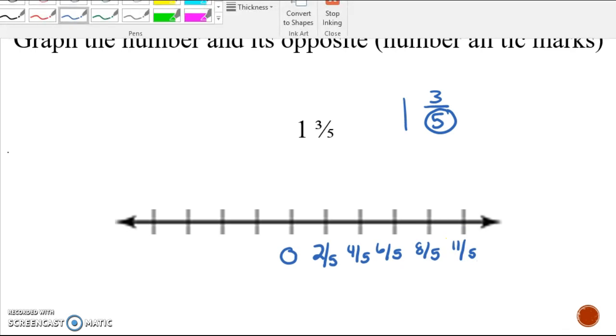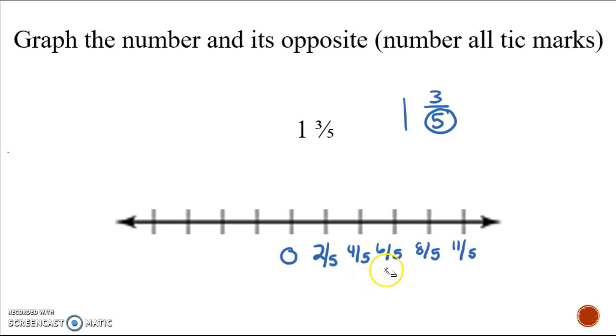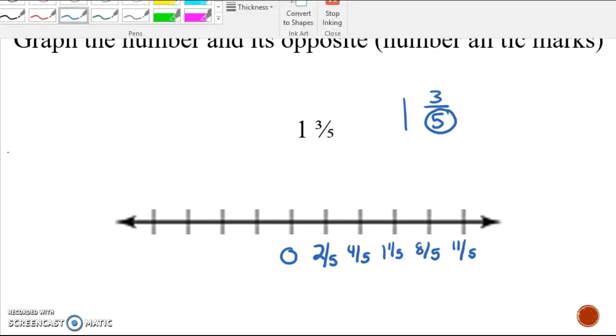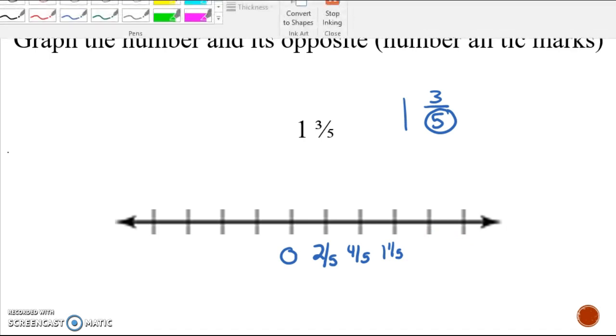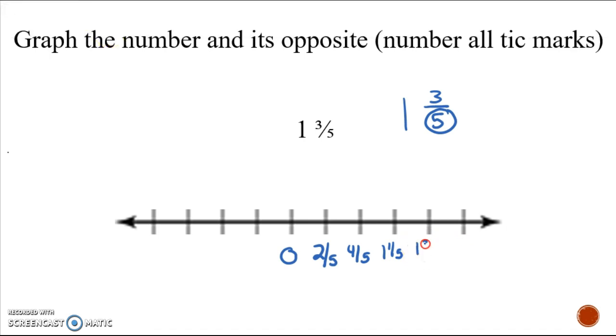And then I want to go back through them and see which ones of those I could have simplified. So 6/5 I could have made 1 1/5. 8/5 I could have made 1 3/5. And then my next one was 10/5.